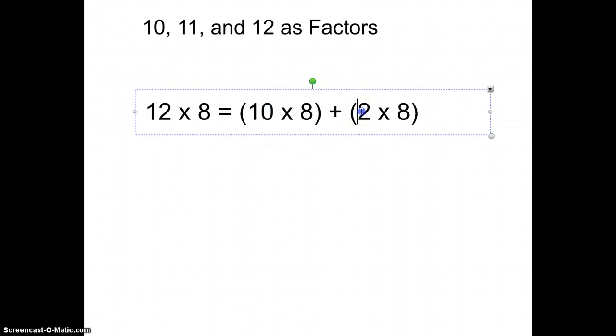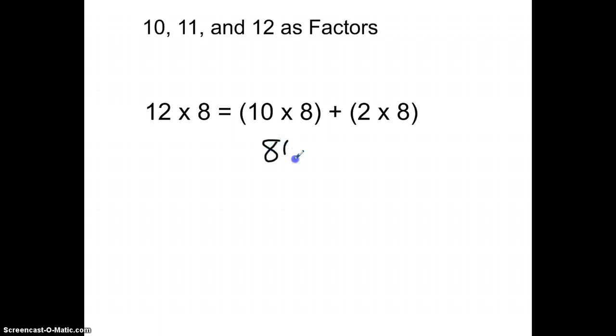Sure do. Do we know what 2 times 8 is? Sure do. So now once you've done that, 10 times 8 equals 80 plus 2 times 8 is 16, and you should be able to add these up. My 1s column is a 0 and a 6. My 10s column is an 8 and a 1. Your answer would be 96.